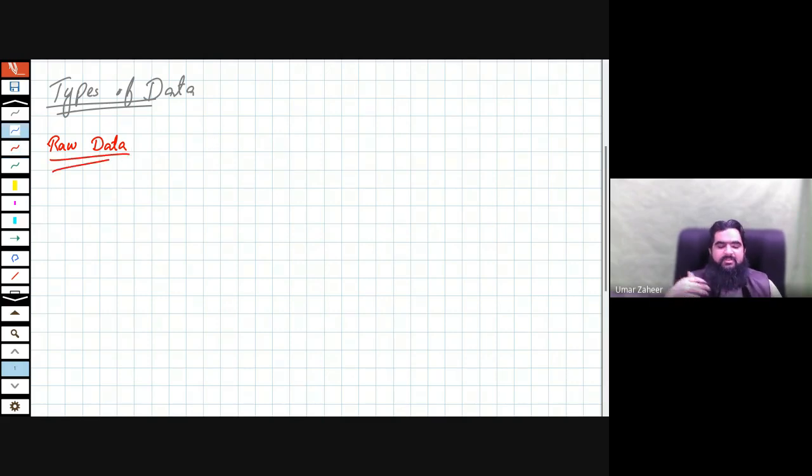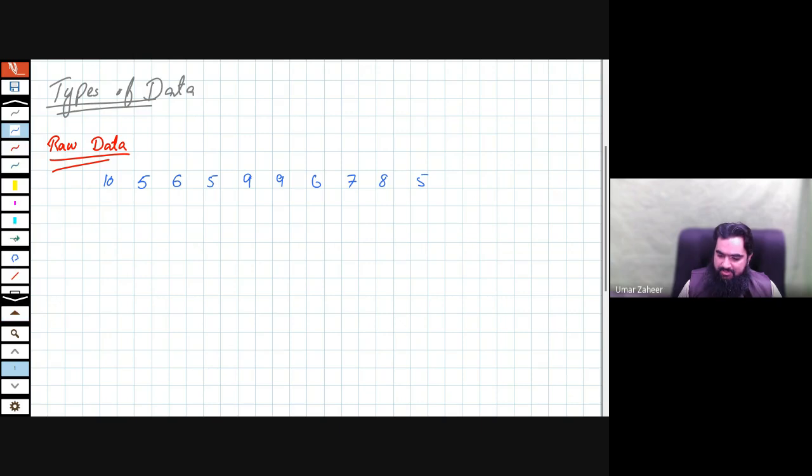Raw data means, for example, in a school I am going to take your test. There are a total of 10 students, and I am going to take a test of 10 marks. The different students get different marks. One student gets 10 out of 10, another 5, another 6, another 5 marks, then 6, 9, 9, 6, 7, 8, 5.